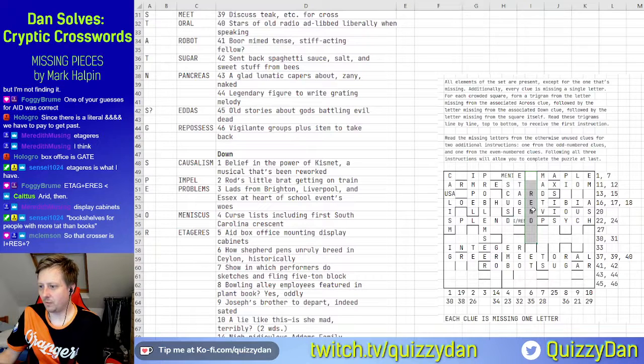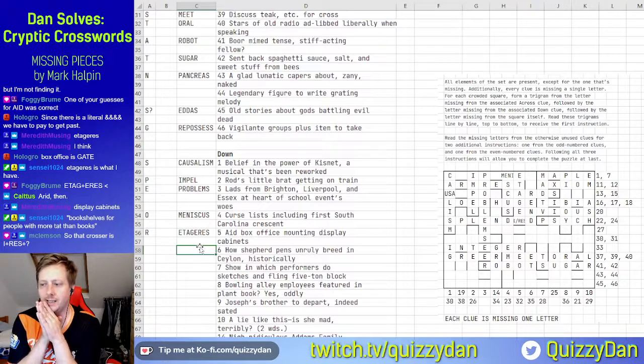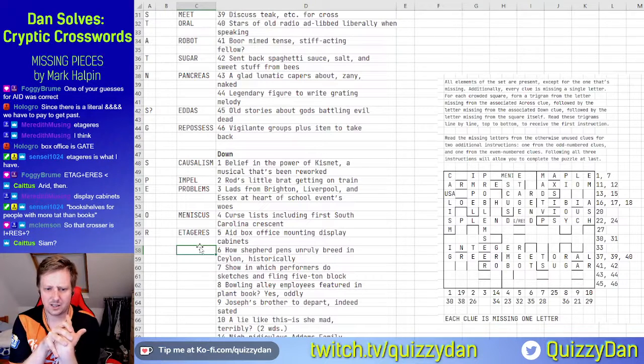6 down. 1, 2, 3, 4, 5, 6, 7, 8. How shepherd pens unruly breed in Ceylon historically. Well, Ceylon historically is the old name for it, isn't it?